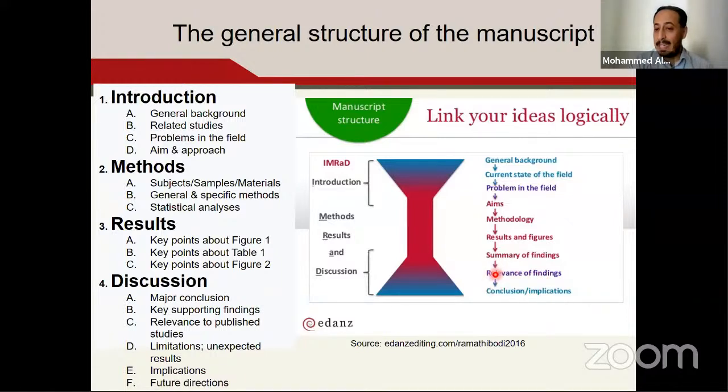You will compare your findings with other studies, the similarities and differences, and then the limitations or unexpected results. If you have a negative result, you have to explain it. Some forget to explain it during the discussion. After limitations, the implications of your result, any future directions, and you will end your discussion with the conclusion.